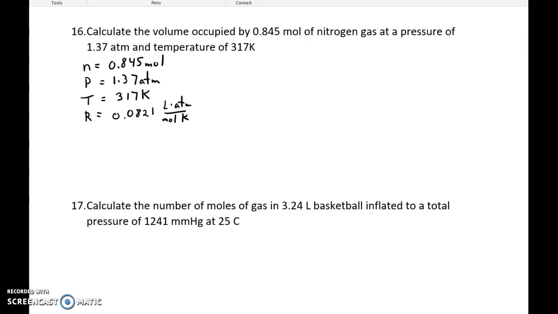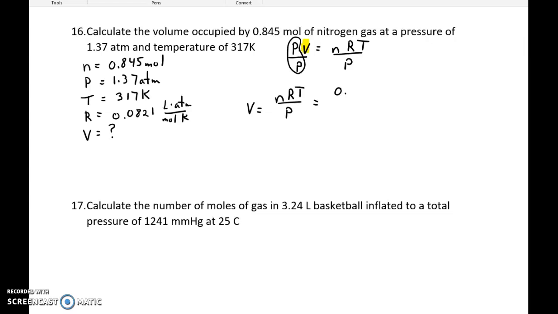All right, and we don't have the volume. That's what we're looking for. Well, PV equals nRT. We're trying to get the volume by itself. So if we divide both sides by P, these two P's will cancel each other, and we will get V is equal to nRT divided by P. Over here, we already know what N is.